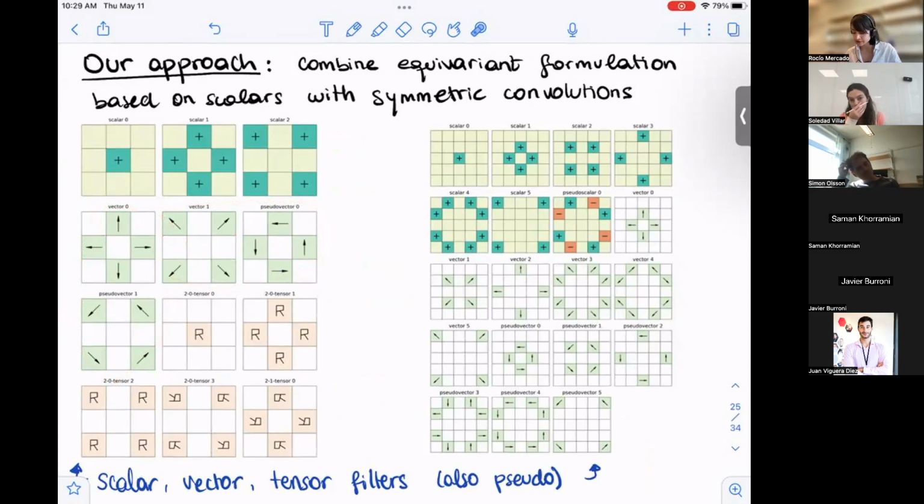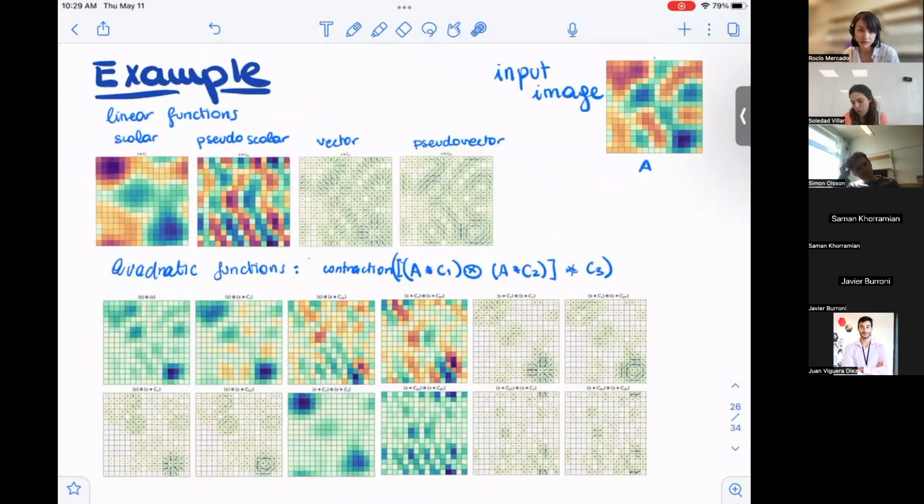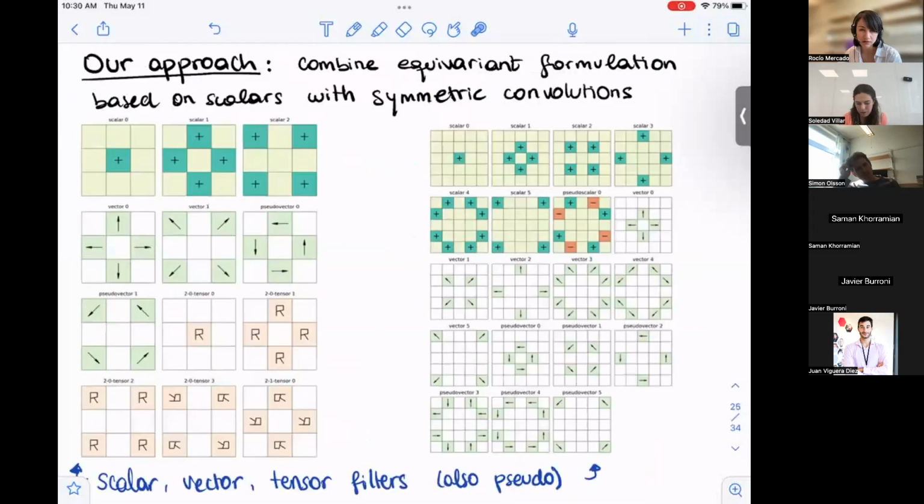I see. Okay, that's cool. So it's going to be different depending on the different applications and the underlying symmetries. Yeah. When you take the product of two images, the product you use in order to make it equivariant is a tensor product.